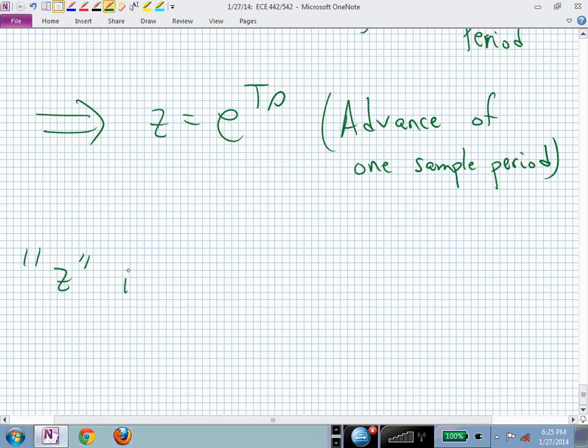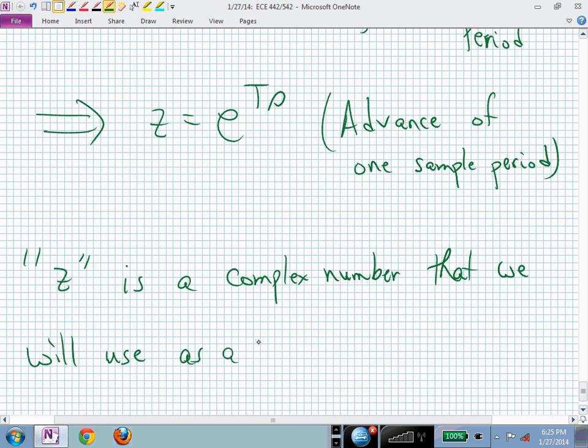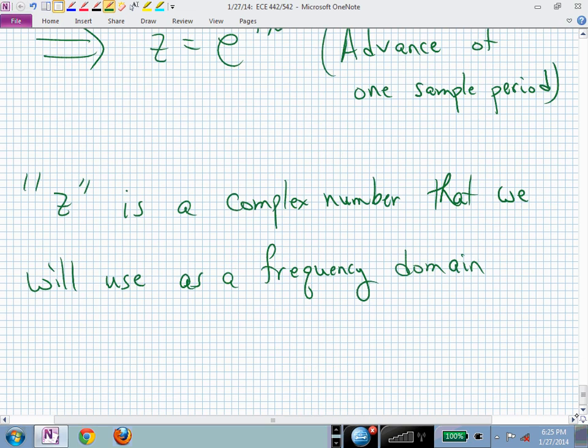Z is a complex number that we will use as a frequency domain operator for discrete time systems.